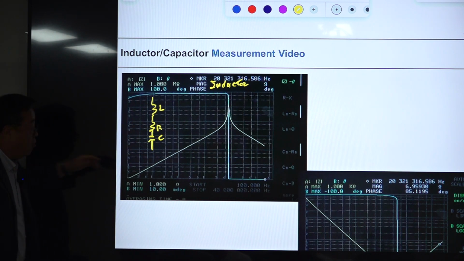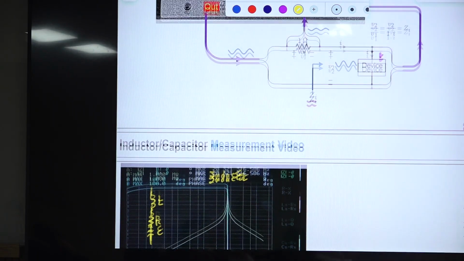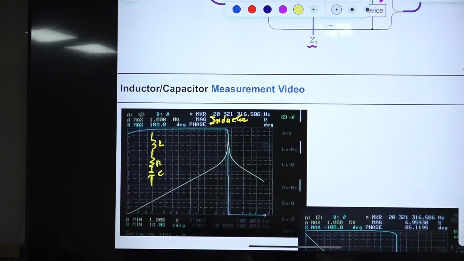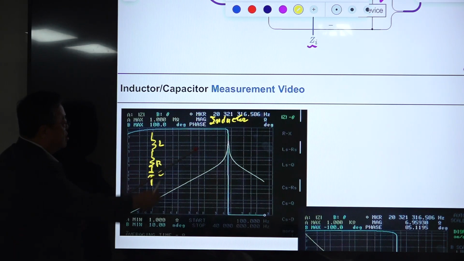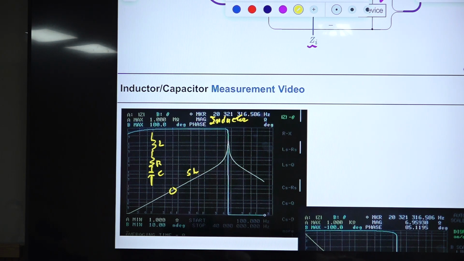Okay? So if you measure the input impedance in this manner, at low frequencies this is dominant. So at low frequencies, this is sL. This is the Bode plot of this differentiation function, sL, and the slope in this region is 20 dB per decade.